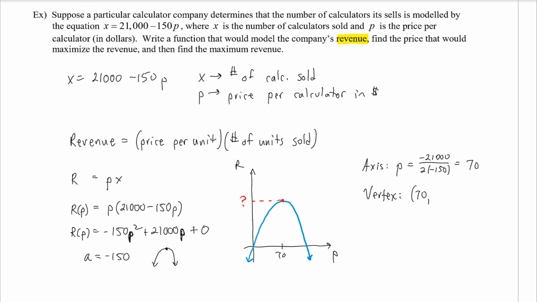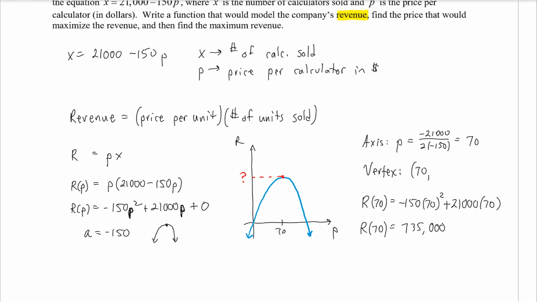So if I plug 70 in to get that revenue, it's going to be negative 150 times 70 squared plus 21,000 times 70. So that max revenue is going to be, let's see, $735,000.